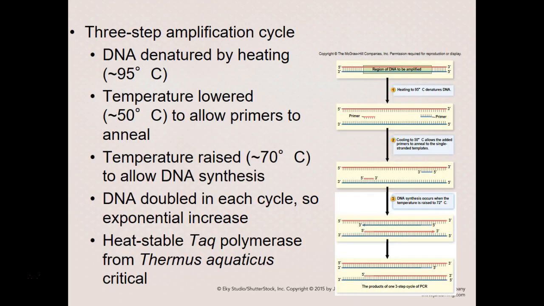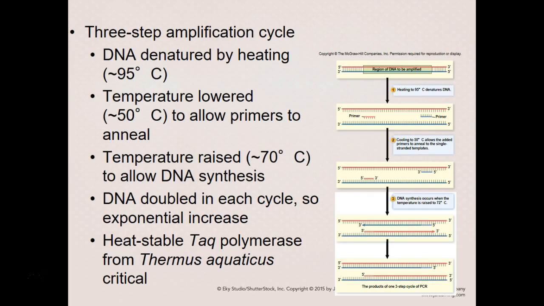So the 3 steps of the polymerase chain reaction are denaturation, which allows us to take the DNA apart. We then have the anneal step, where an RNA primer is allowed to anneal to a specific spot that we care about.